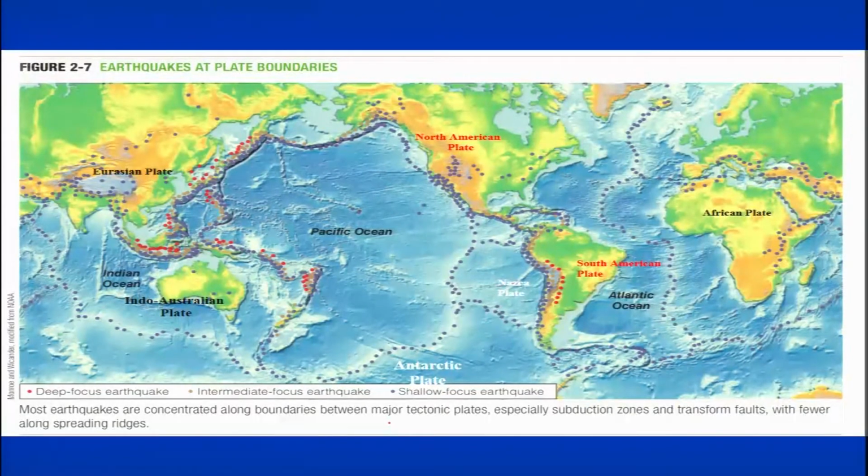And not only that, we also learn that the earthquakes aligned along the plate boundaries do not occur at the same depth. We have the deeper earthquakes, marked by red dots, then the intermediate earthquakes and the shallow earthquakes.